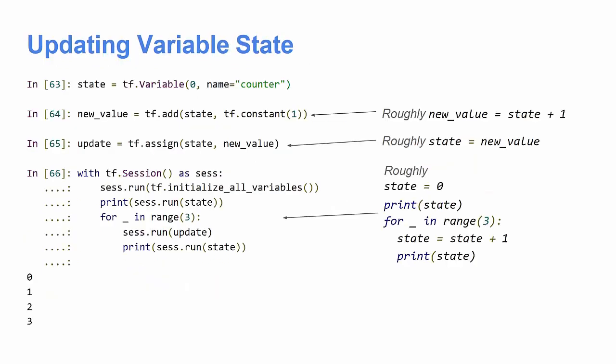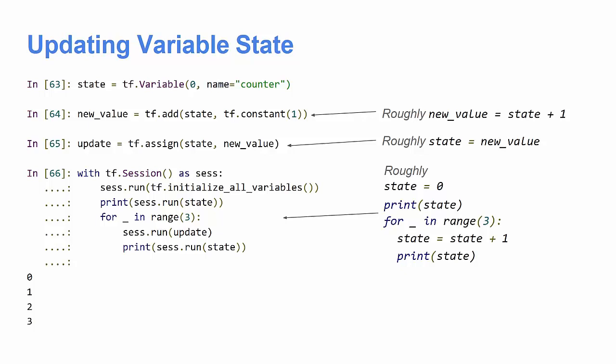Updating variable state. If we have a variable state equal to tf.Variable(0, name="counter"), and we define new_value equal to tf.add(state, tf.constant(1)). Then update equal to tf.assign(state, new_value).